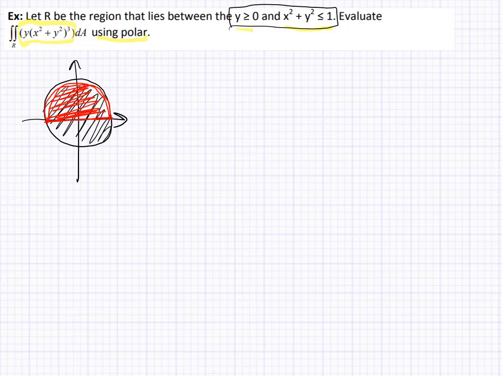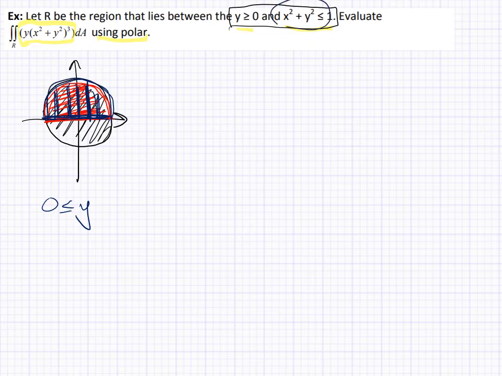Now, I could do this in rectangular. It's possible. In which case I would say, all right, well, y is measured this way. And y would go between 0 on the bottom, which is here, and this curve on the top.